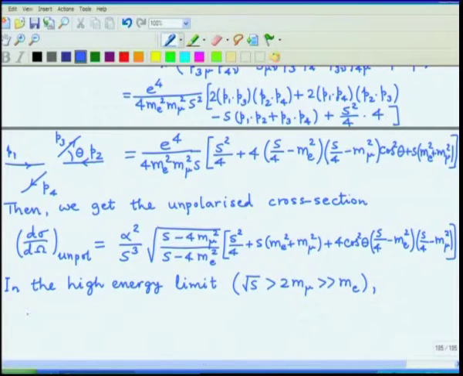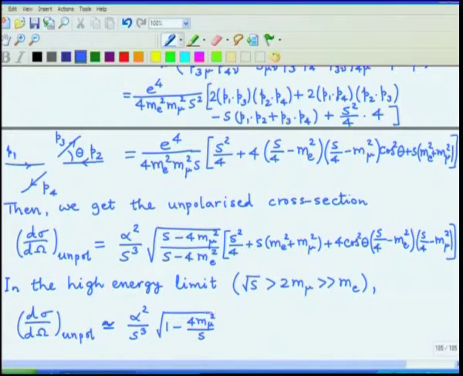So, in that particular case, the cross section is approximately alpha squared by s cubed. We will drop the electron mass altogether, but keep the muon mass around.